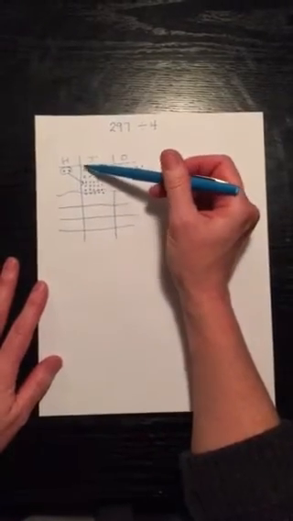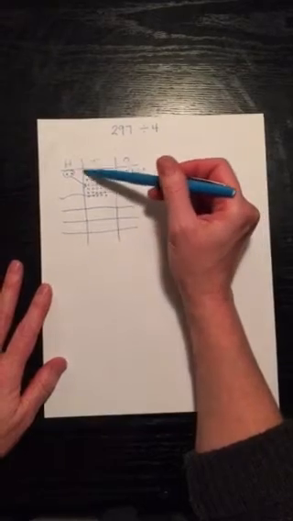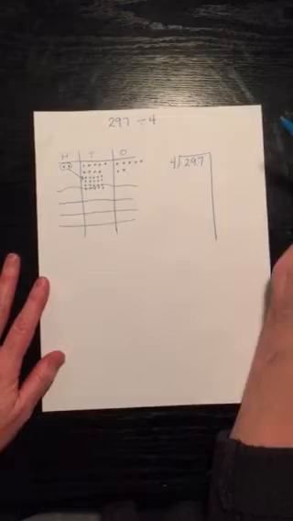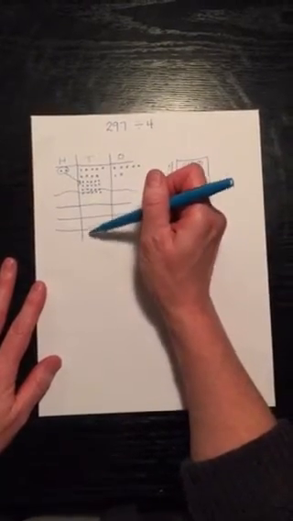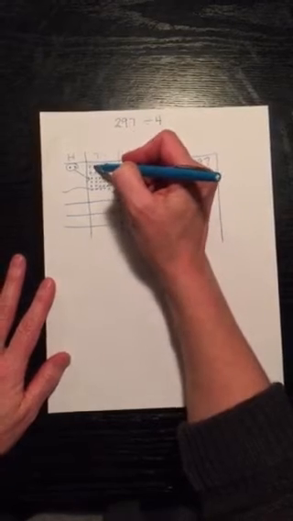So now, in addition to the 9 place value discs in the tens place, I have added 20 more. So I have 29 place value discs all together in the tens place. And then I'm going to distribute them evenly into my 4 groups.